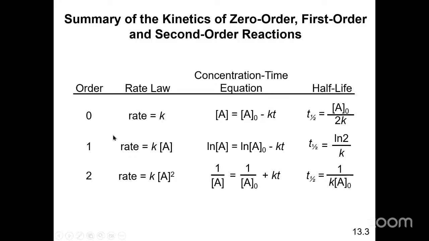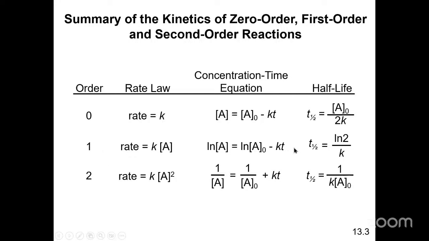Well, these would be the rate laws for the 0, first, and second order reactions. That's very easy to remember, all right? These are the equations which relate the concentration to time for each of those types of reactions. And these are the equations which give you the half-lives for, again, 0, first, and second order reactions, all right?